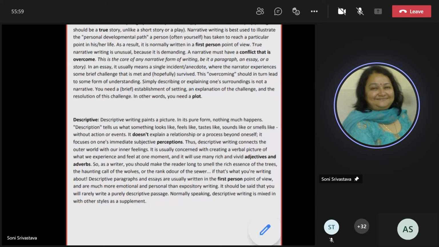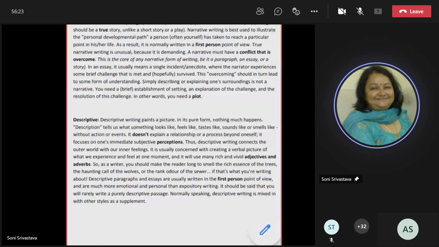And then you have expository writing, that is basically to explain, to teach one's point of view, and it is visible in report writing, especially the accidents or events that take place, the Twitter updates, the news feeds which come every hour or so, or basically in simple words, explaining something.